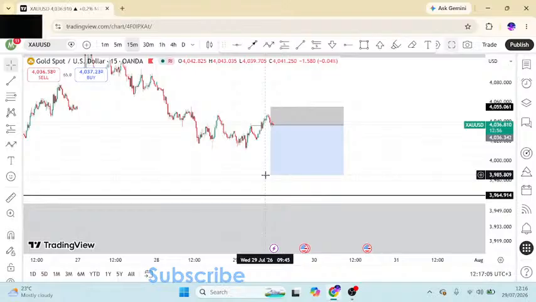So we can wait for that to play out. Then in the meantime, let's analyze at least another pair. Let me first check this. In the meantime, let me check on volatilities.